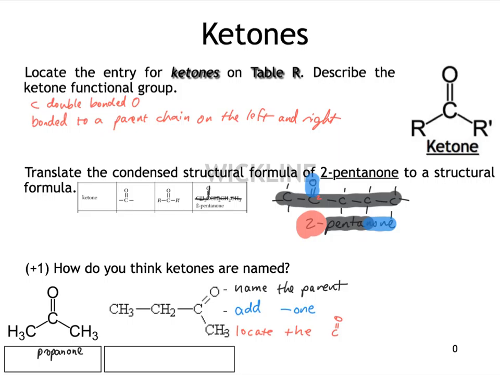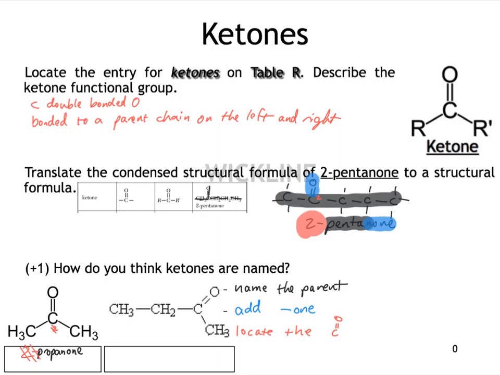And it is on carbon number 2. However, I suggest not putting a 2 in front of the name, so don't do this. The reason I would say don't do it is because if a ketone has to be in the middle of the molecule and a 3-carbon molecule has only 1 middle, then this is the only place it could be, which means I think that you don't need to put a number in.